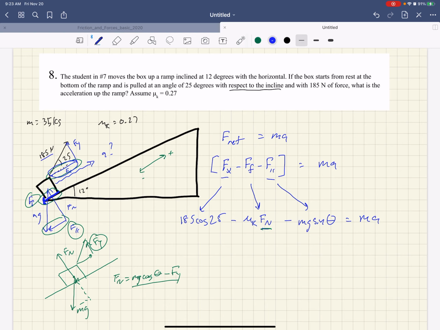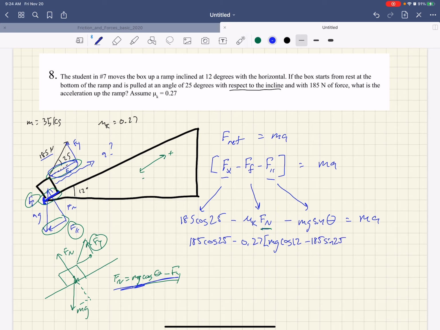So when we plug this in, we're going to have 185 cos 25 minus 0.27, that's our mu. The normal force has this adjustment to it. It's going to be mg cos, now this is the cosine of the ramp, 12, minus, now the Fy is 185 sine 25.